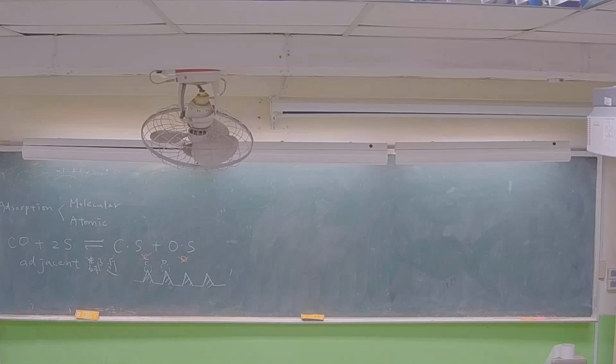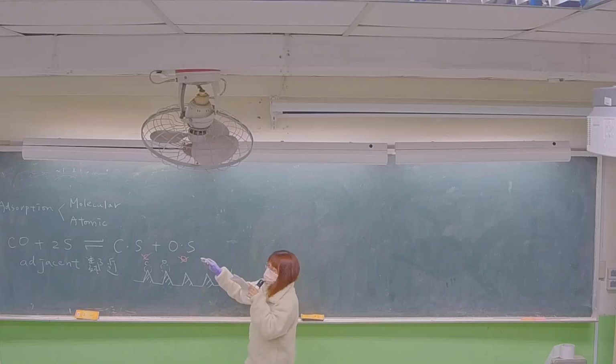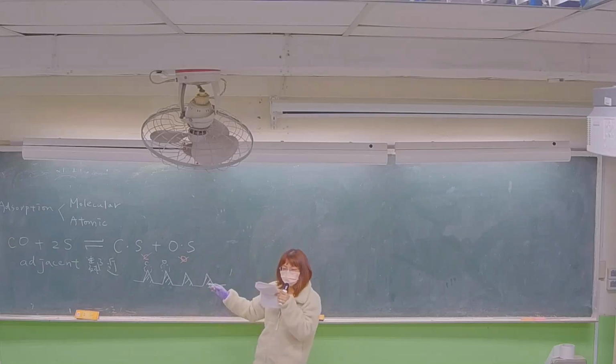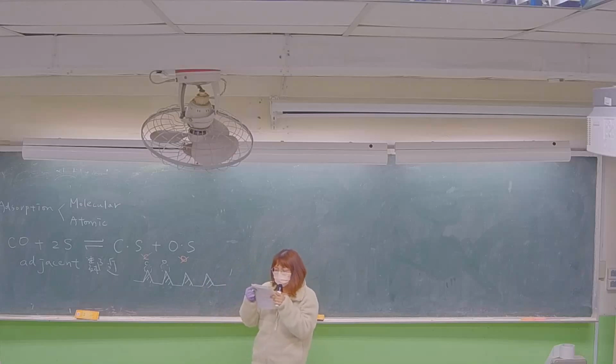And what is the probability for two vacant sites occurring adjacent to one another? So if there are four active sites and you randomly choose two, what is the probability for adjacent sites?